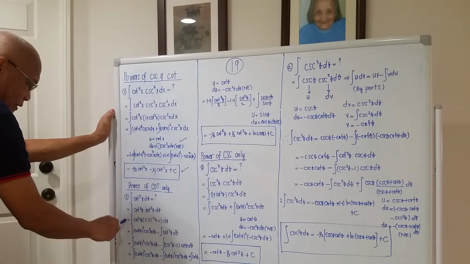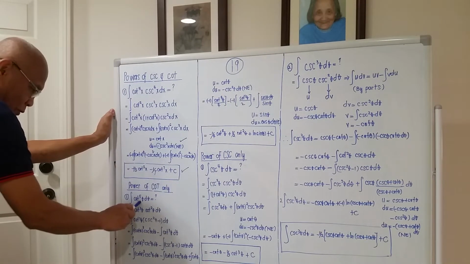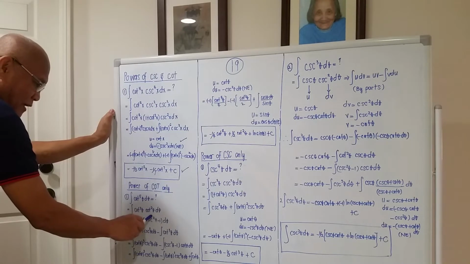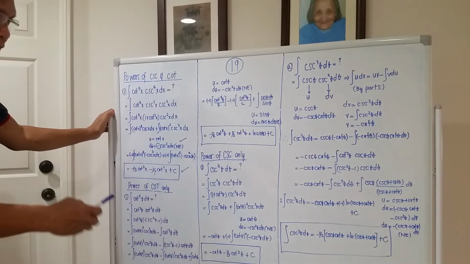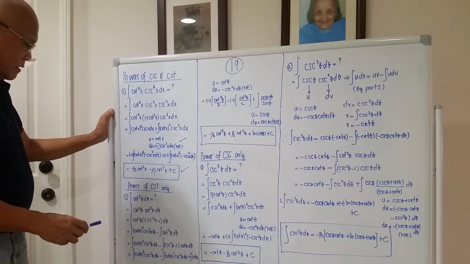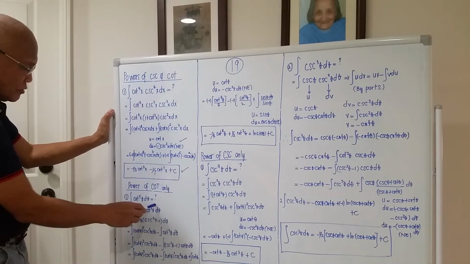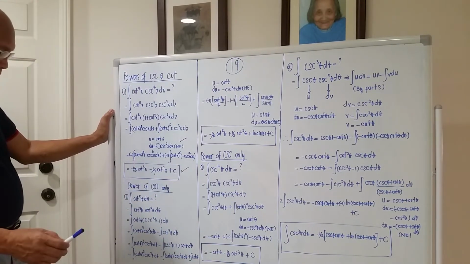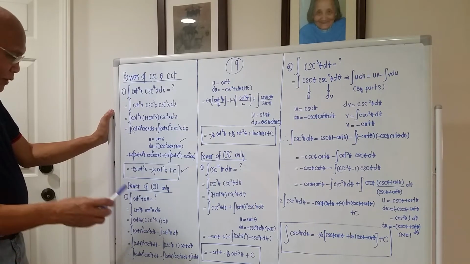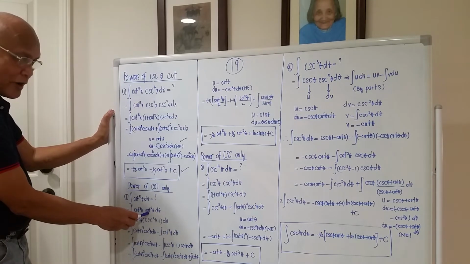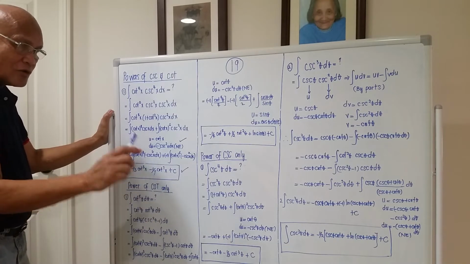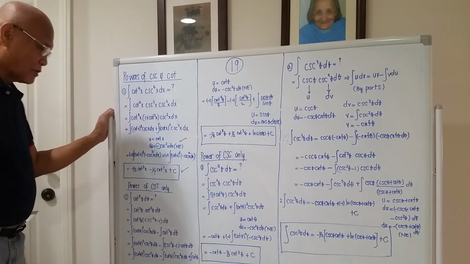This should be equal to the integral of cotangent cube of theta, cotangent square of theta, differential theta. We just expand. 3 plus 2 is actually 5, right? Then we will replace this cotangent square by its equivalent in terms of cosecant.